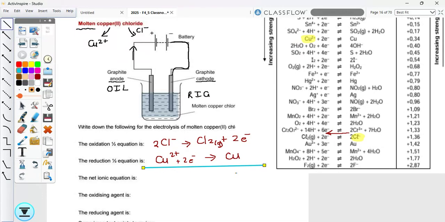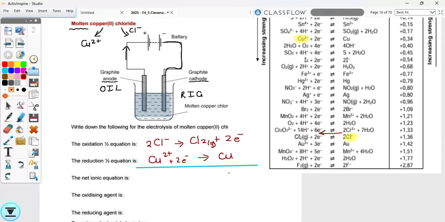Cancel the electrons. If they have the same on each side, it's easy for us. Electron, electron gone, because 2 is given, and those 2 are taken up by the other substance, which is absolutely fine. So we can write everything.